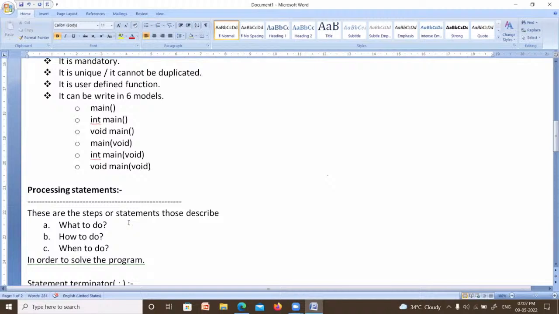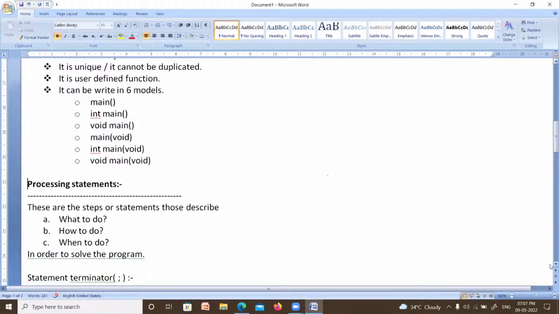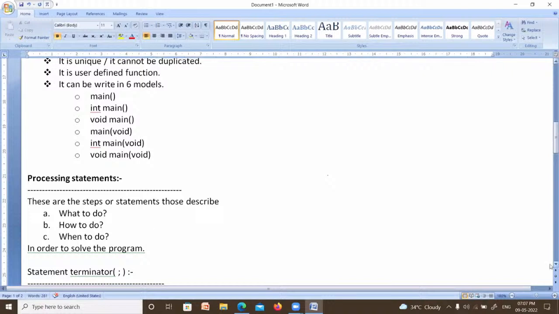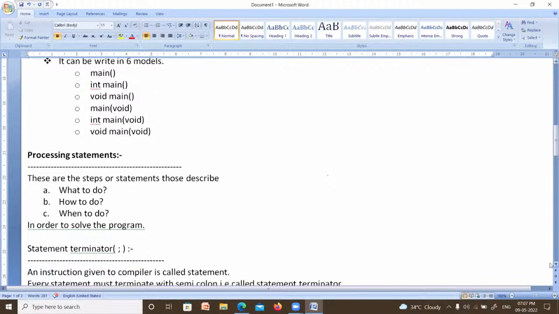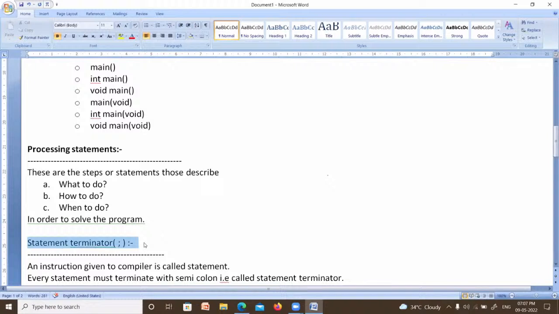Good, good. In the C programming language, after every statement, you have to put the symbol semicolon. It is called the statement terminator.